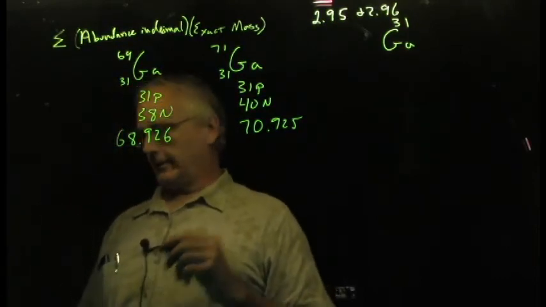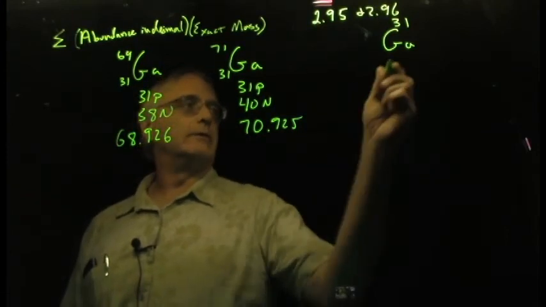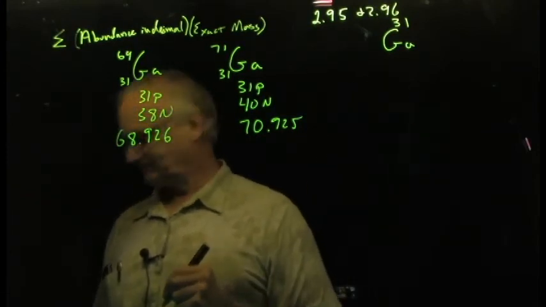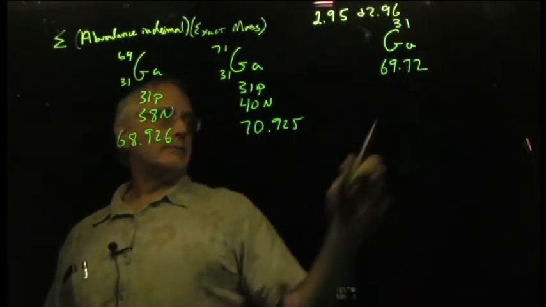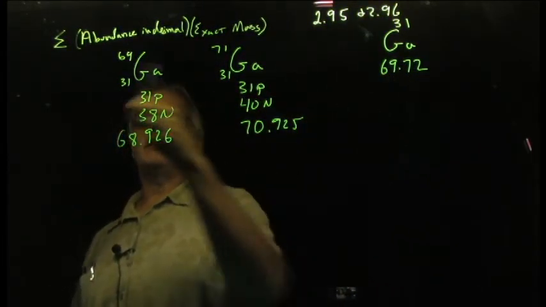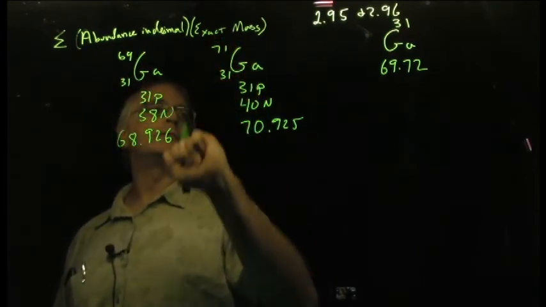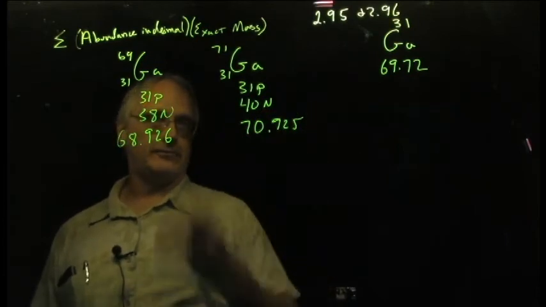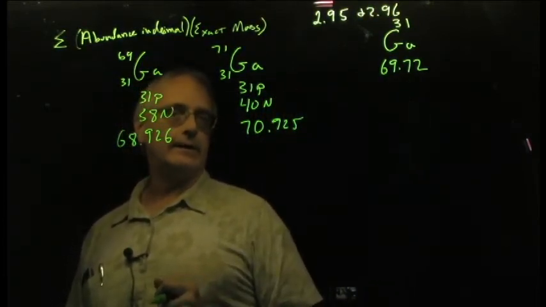And we are told that overall, the average for this, when we look at it on the periodic table, is going to be 69.72. Remember, that number is the answer to this calculation. The abundance in decimal form times the exact mass, add those up for each of the isotopes, that gets you the value that sits on the periodic table.